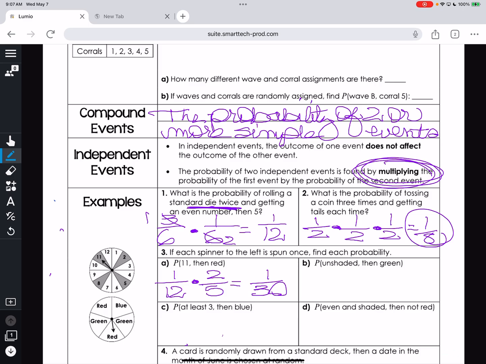Unshaded then green, you do it. What did you get? No, I'm not there. Oh, okay, 4/15. I got 2/15. There are 2 greens.